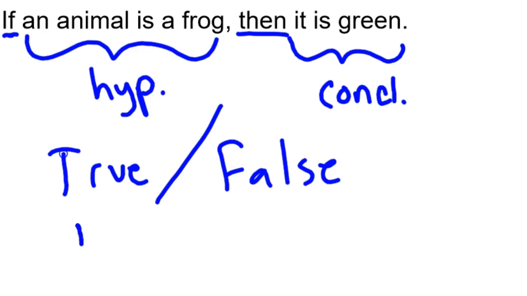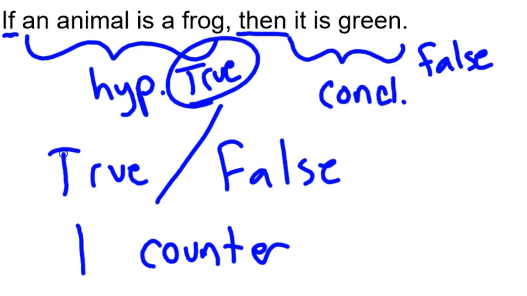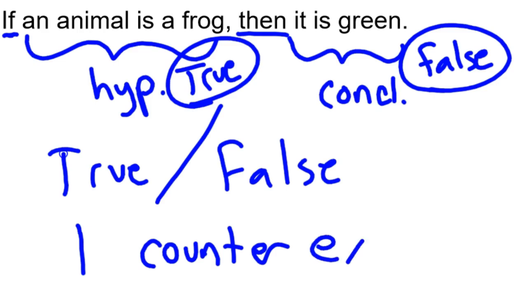All we need is one counterexample: one example that makes the first part true, so we're going to look for a frog, and the second part false. And it has to follow that. So the first part has to be true, the second part has to be false, and that is a counterexample. So in this, it's really easy to find a counterexample. This is a false statement.